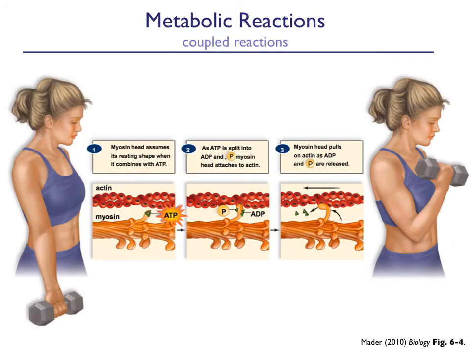Here's another example of a metabolic reaction, and this is specifically how ATP is used to generate the mechanical energy of muscle contraction. In this case, we have myosin, and remember, myosin is a protein that interacts with the actin cytoskeletal filaments. ATP will bind to the myosin protein, and when it does, it causes it to have a certain conformation or shape.